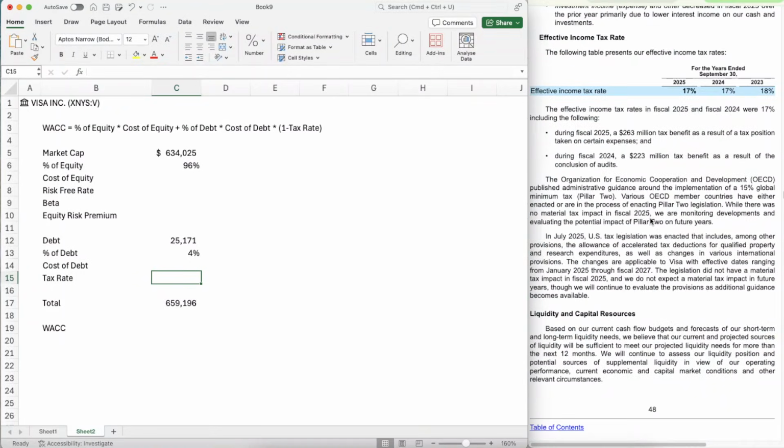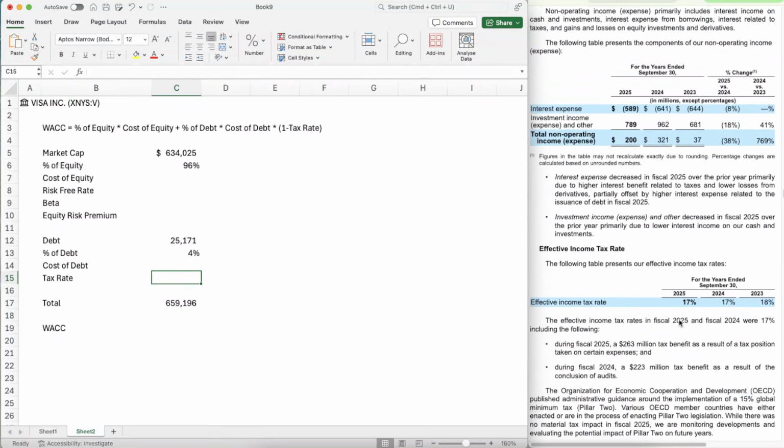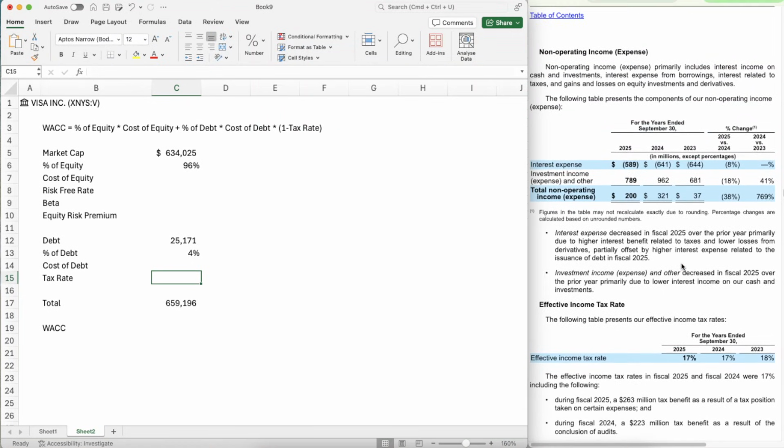There is a line saying tax rate. We are 17%, which is pretty much what we calculated on the other one. Cost of debt, we're going to do this, 789 divided by the total debt.